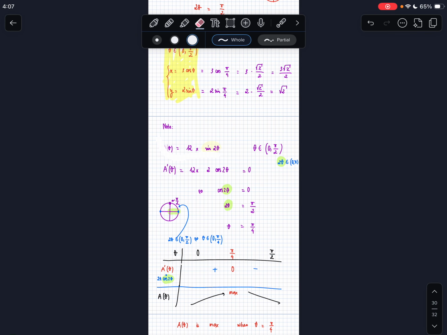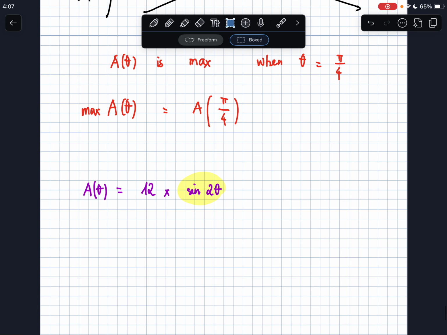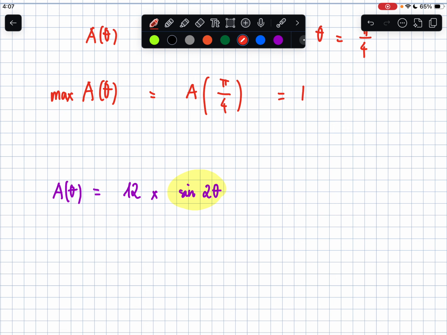Area, this formula, gives us 12 times sine of 2 times pi over 4, which is pi over 2. 12 times 1 equals 12.